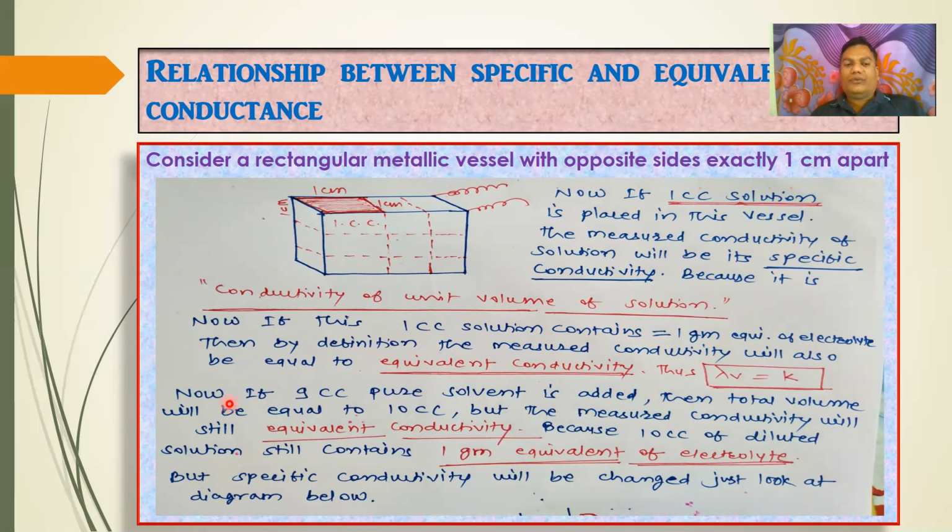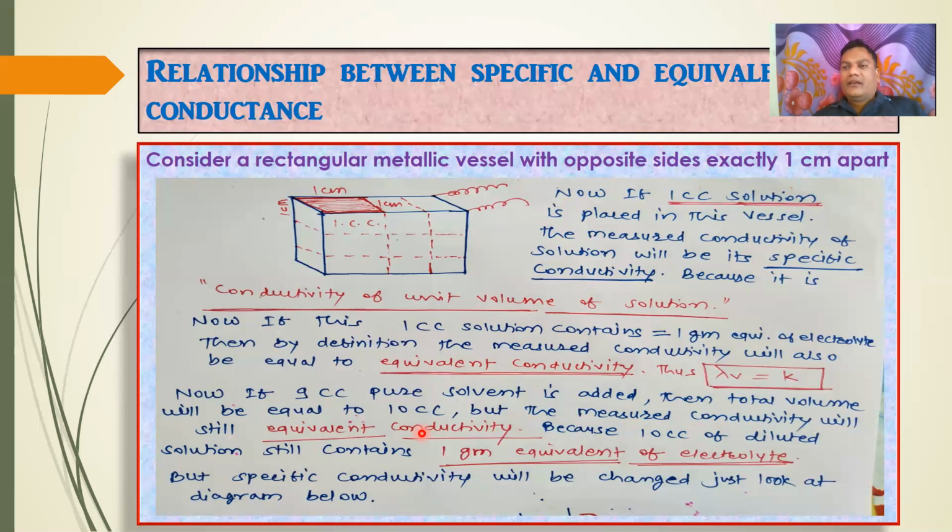Now it is an important one. If 9 cc pure solvent is added, then what will be the total volume? It is 1 cc plus 9 cc, so totally 10 cc volume. आता 10 cc जर volume झालेला असेल, now see this important statement, that the measured conductivity will still be equivalent conductivity.